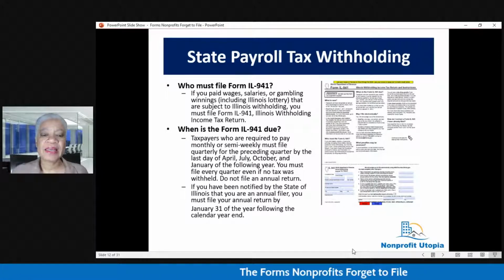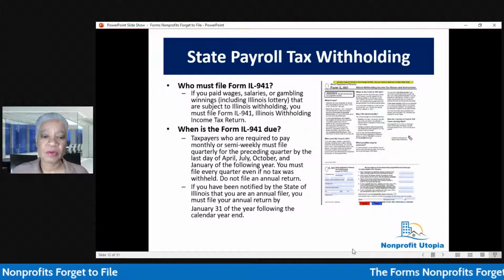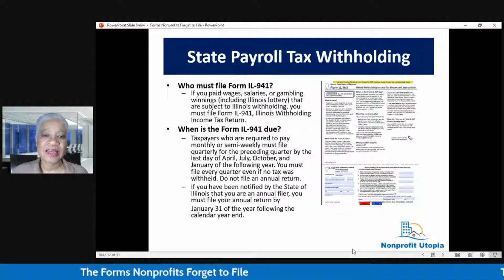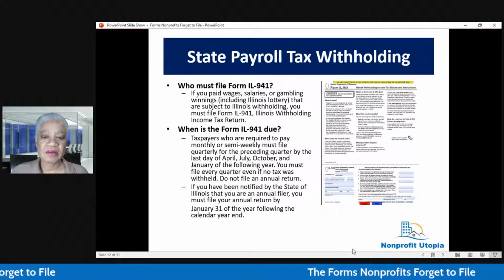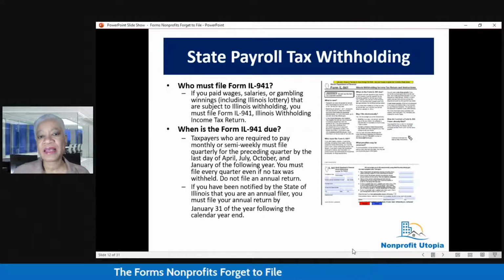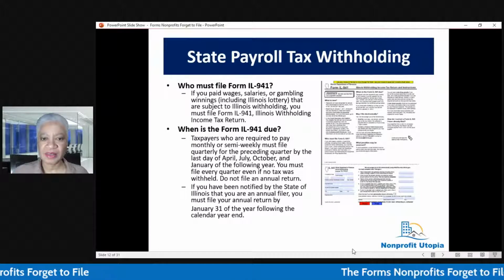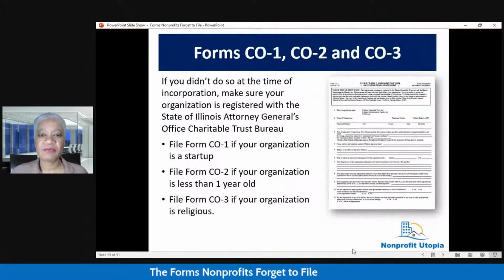If you paid any wages, salaries, or gambling winnings that are subject to Illinois withholding, you have to file Form 941-IL. Again, this is due at the same time that the federal form is due, quarterly, 1 month after the quarter ends. So if the first quarter ends on March 31st, you have until April 30th to file.